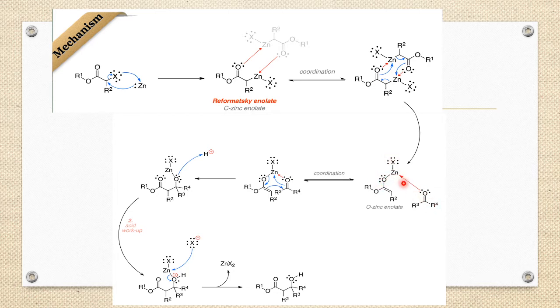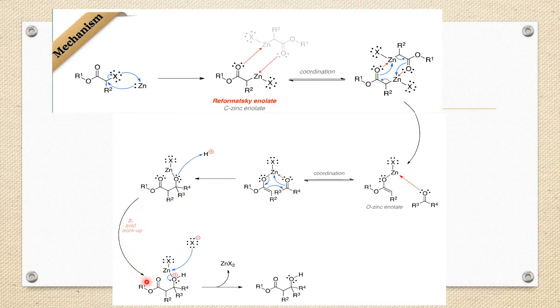This will now coordinate with the incoming aldehyde or ketone, creating this particular type of dimer or a bridging complex where zinc is in the middle of two oxygens, and one of the bonds will get broken, creating a pi bond breakage over here, which will react with the carbonyl carbon center.